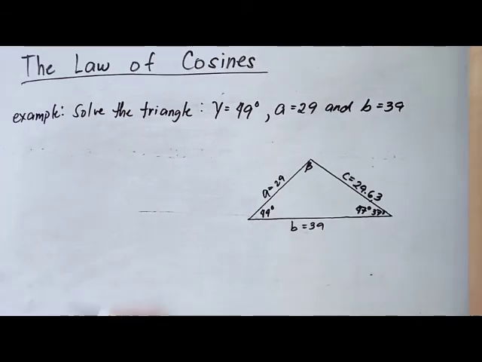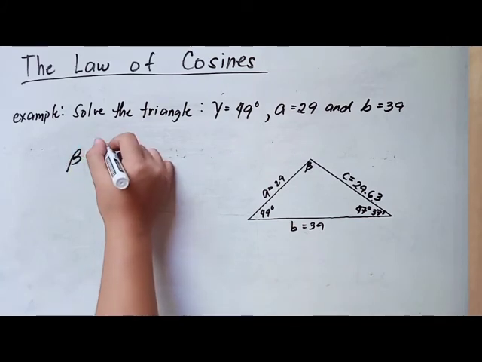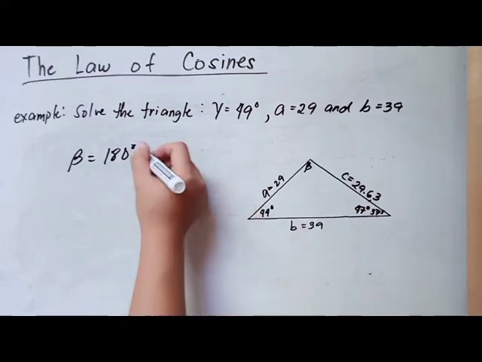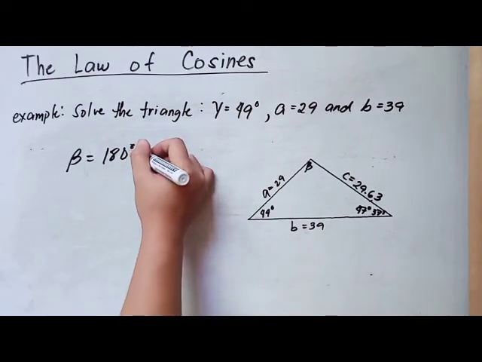Now, the simplest way in solving for our beta is we will just subtract our alpha and gamma from 180 degrees.